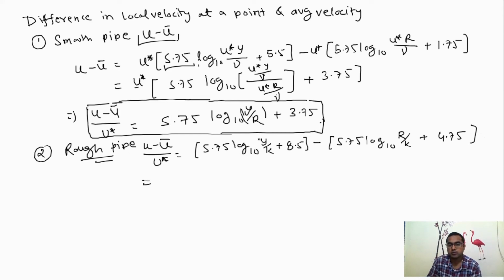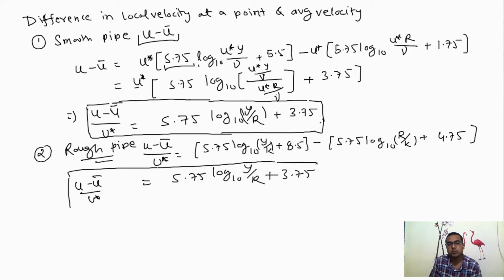Just divide this term and this term, k will get cancelled. So 5.75 log base 10, and the only term remaining is y divided by R, and the constant value is what? 3.75. So we get the same expression for the rough pipe also. This is an important expression because it is the same for both pipes, smooth and rough. That is the difference of local velocity and the average velocity.